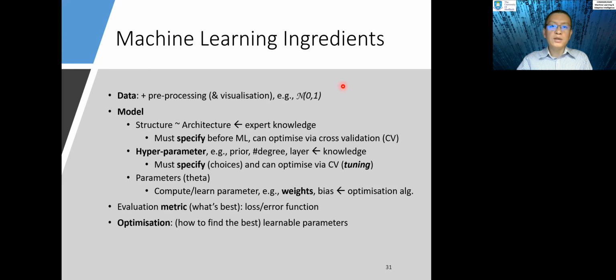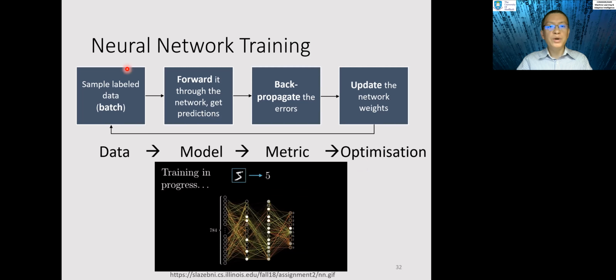So let us look at the ingredients of this neural network in the standard structure. We know that to train a neural network, these are the typical procedures. Firstly, we look at the data. We need to sample a part of the data as batches. And then we do a forward pass through the network to generate some predictions.